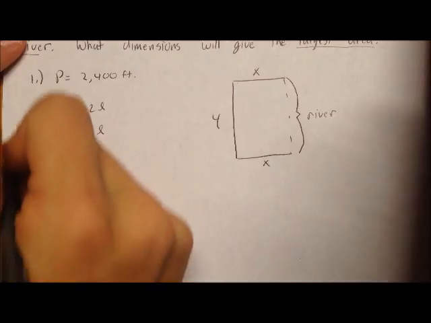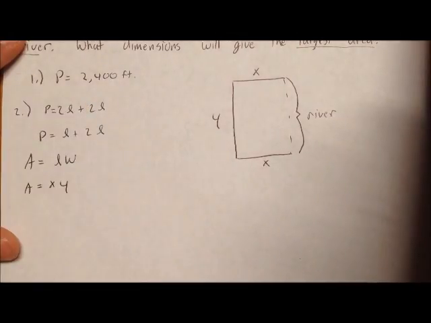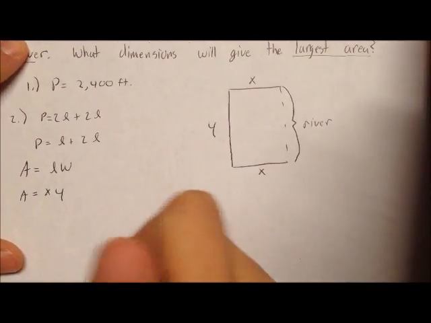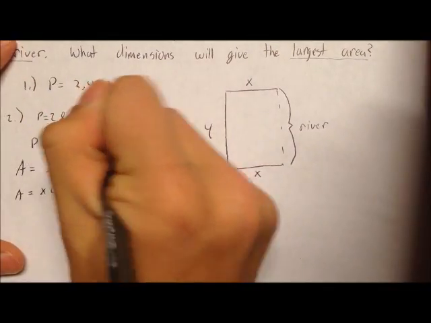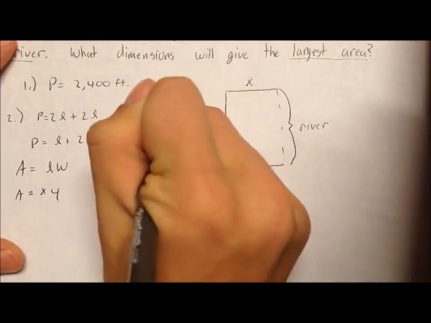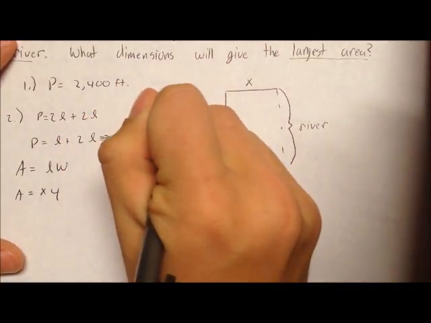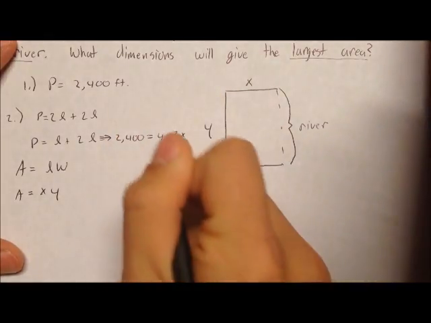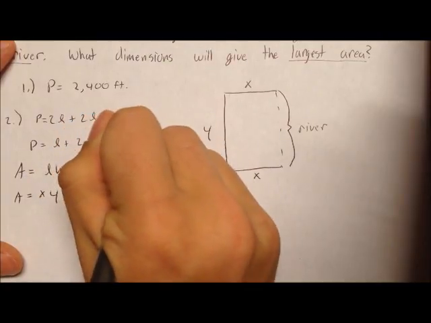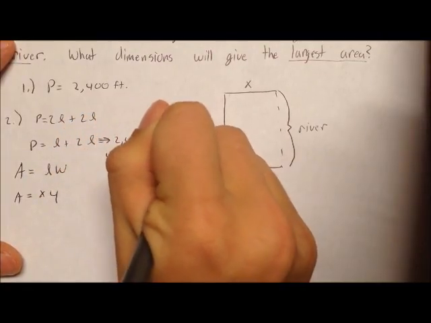So now that we've done our second step, which was write primary and secondary equations, we can simplify the primary equation to only have one variable by using the secondary equation. So we know that perimeter was 2,400, so we can change this to equal 2,400 is equal to y plus 2x, and the easiest possible variable to simplify would be y, so we can find that y is equal to 2,400 minus 2x.